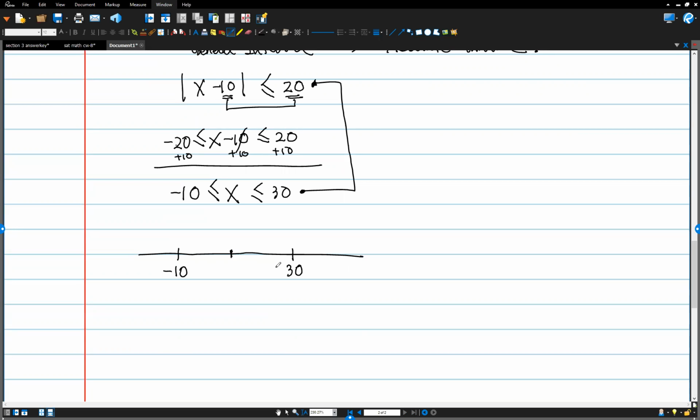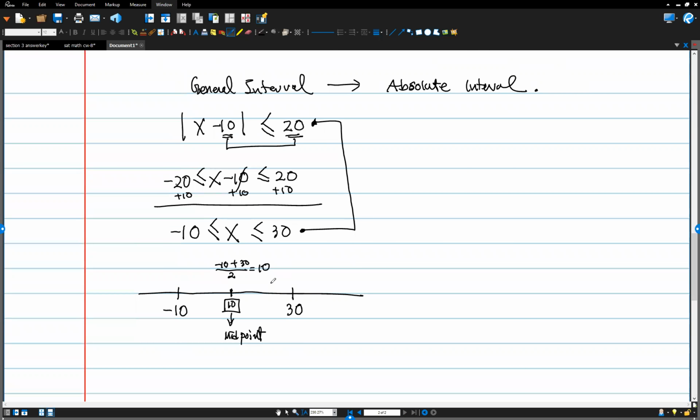10 is exactly in the middle. How do we find the middle? Negative 10 plus 30 over 2, right? That is the midpoint. If you have the midpoint, plug it in there, except for the minus. Where is this other number?